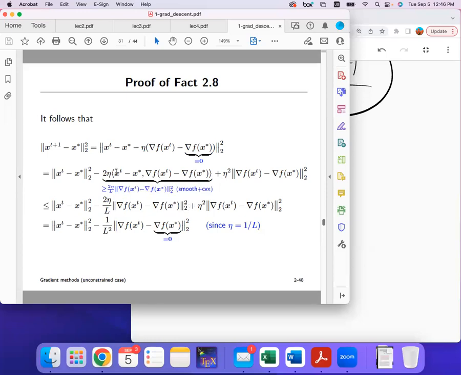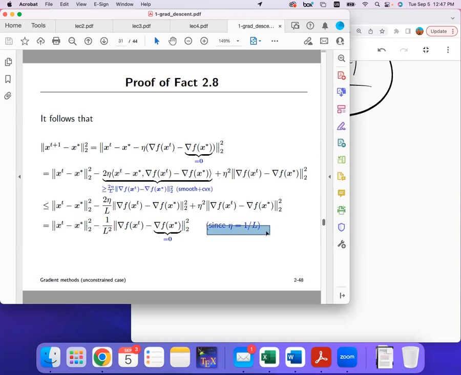Basically we upper bound this dot product term using the norm of the gradient. And then the last two terms can be combined together, and also plug in the choice of step size.